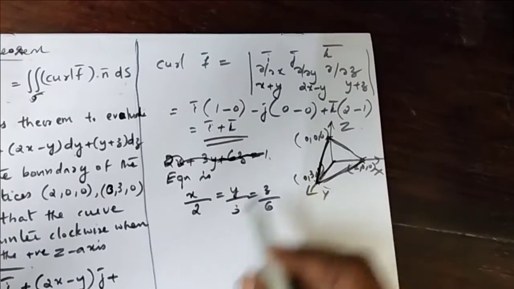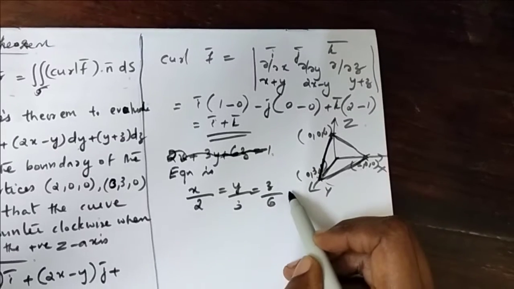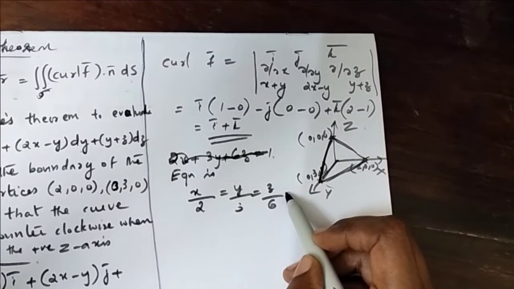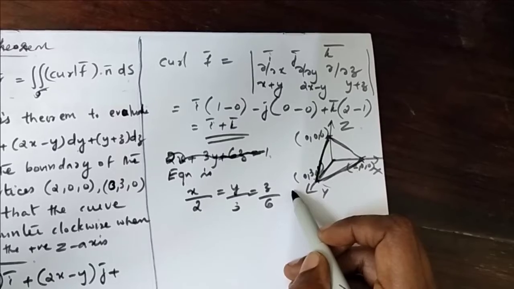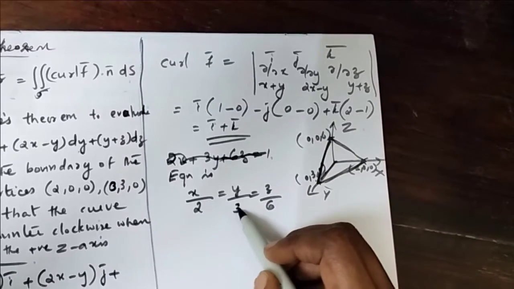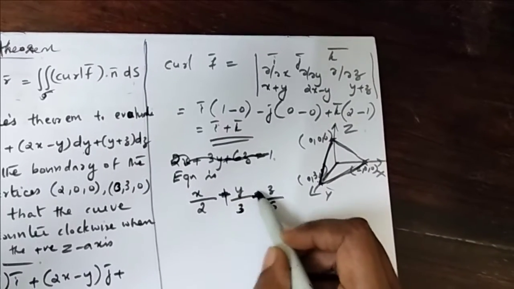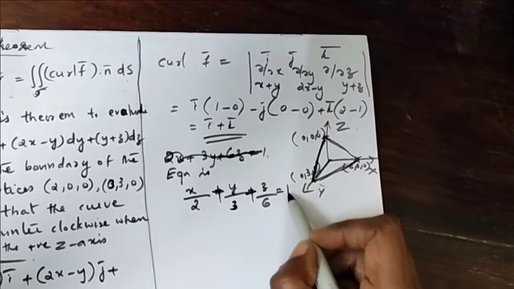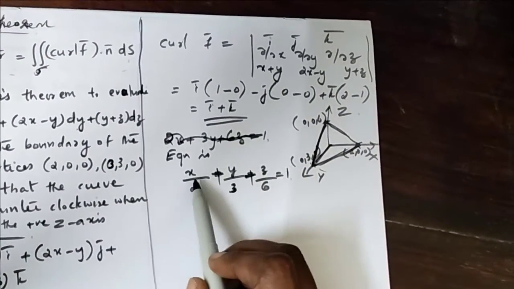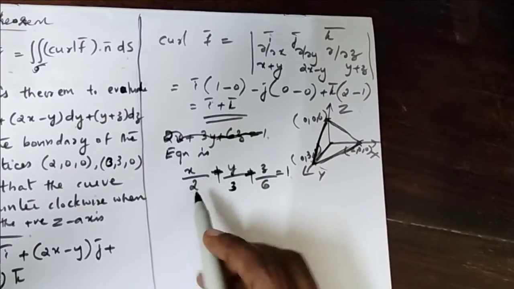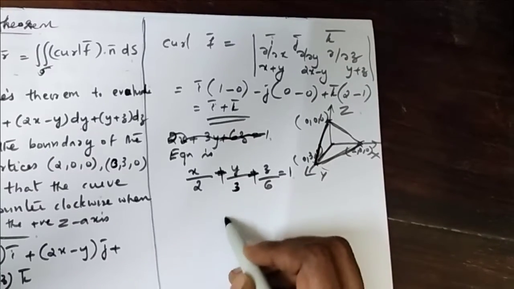Okay, the sum of this is equal to 1. The LCM is 6.